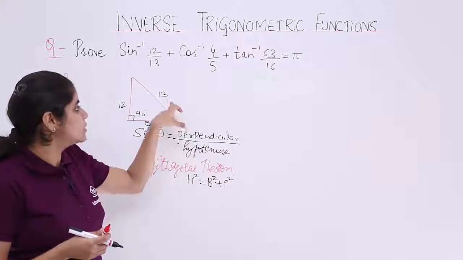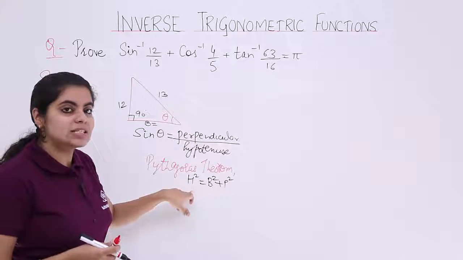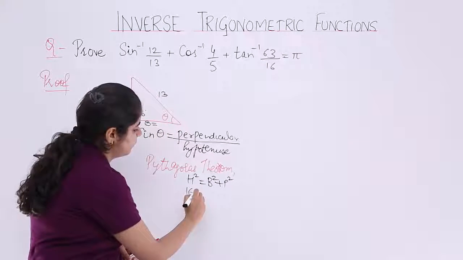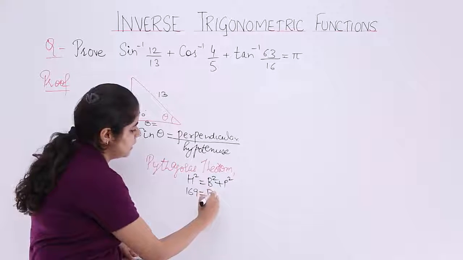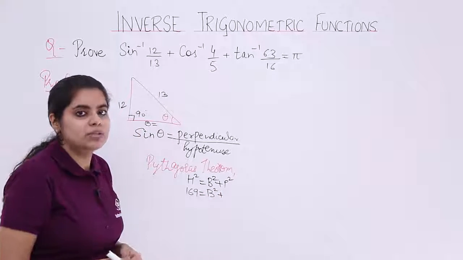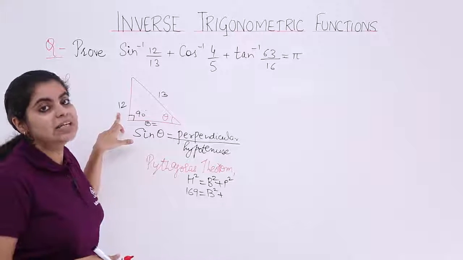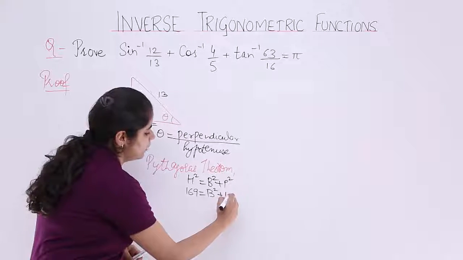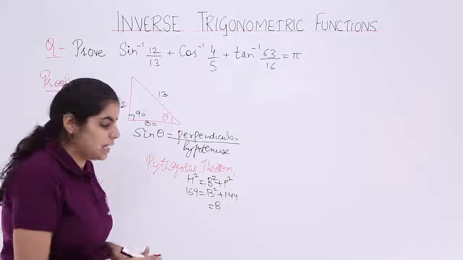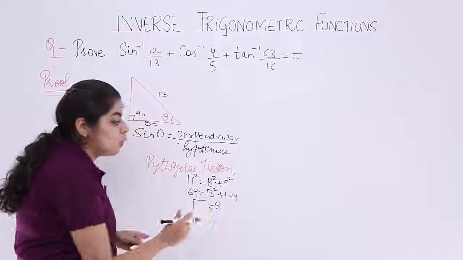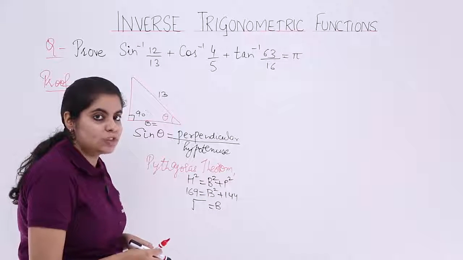What is hypotenuse? That is 13, and 13 square makes it 169, which is base square as such remains there, plus perpendicular square. Perpendicular is the vertical side, which is 12 square, 144. In this manner, I have B, or the base, as under root 169 minus 144, which is 25.